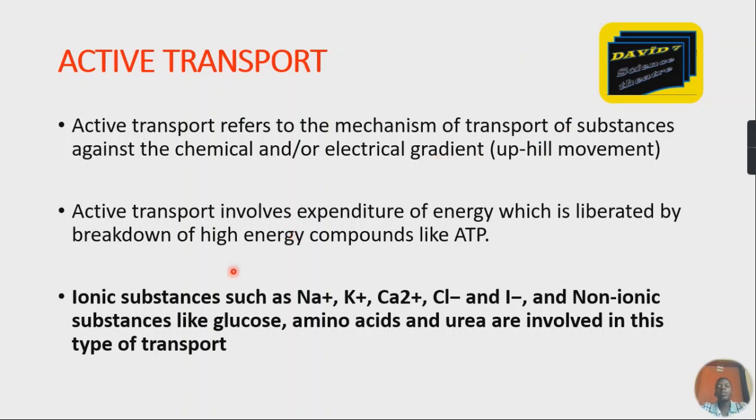This transport caters for ionic substances and non-ionic substances. Ionic substances include sodium, potassium, calcium, chlorides, and iodide. Non-ionic substances include glucose, amino acids, and urea. These are involved in active transport, as we shall see.